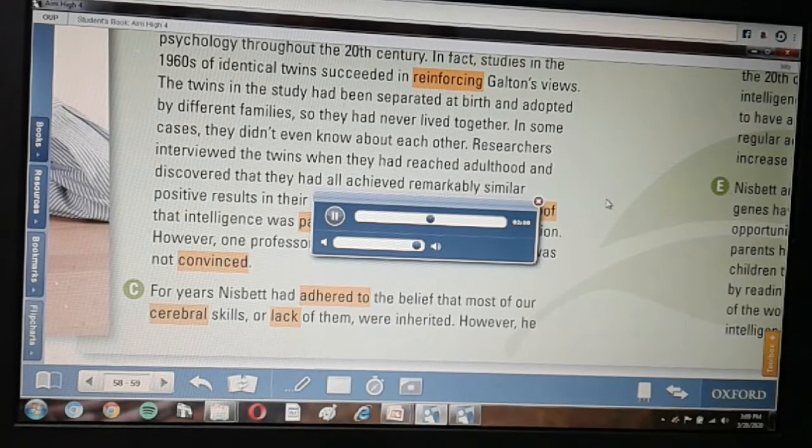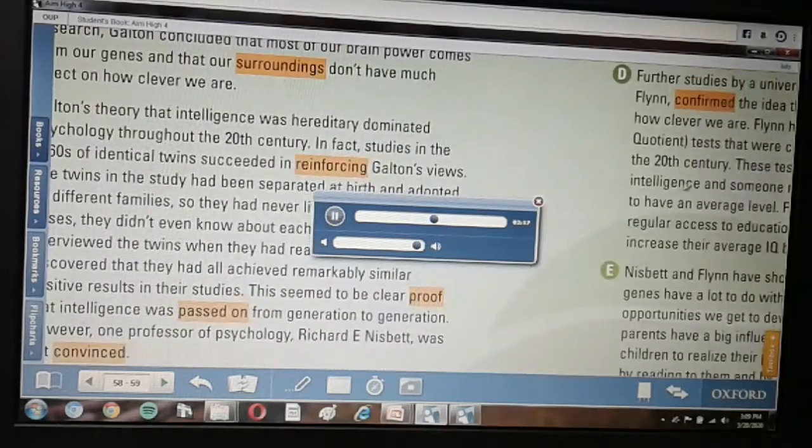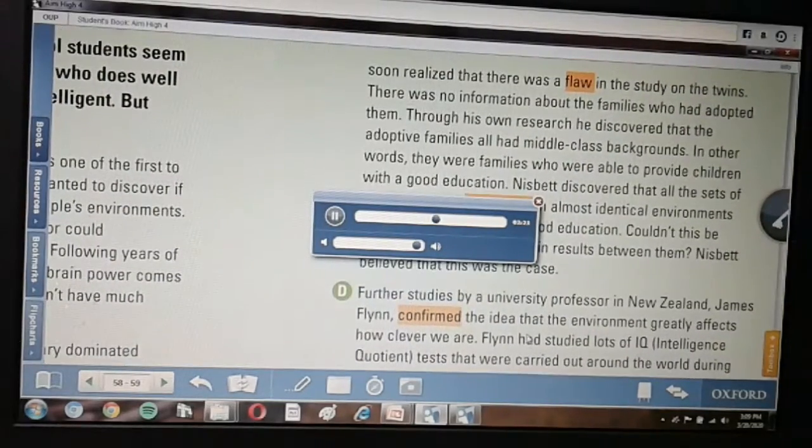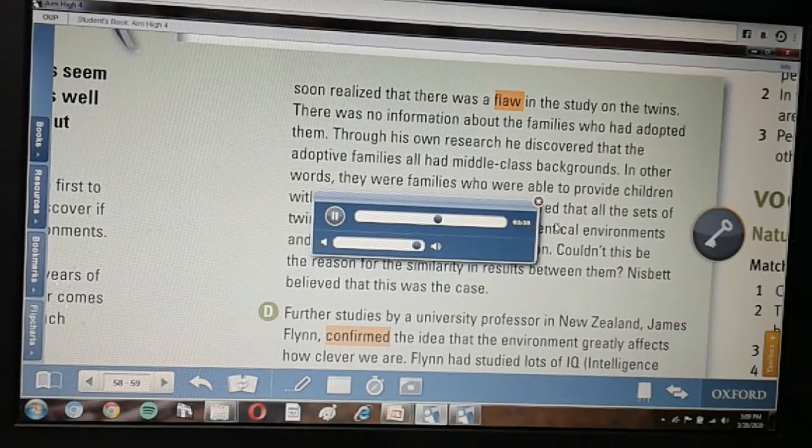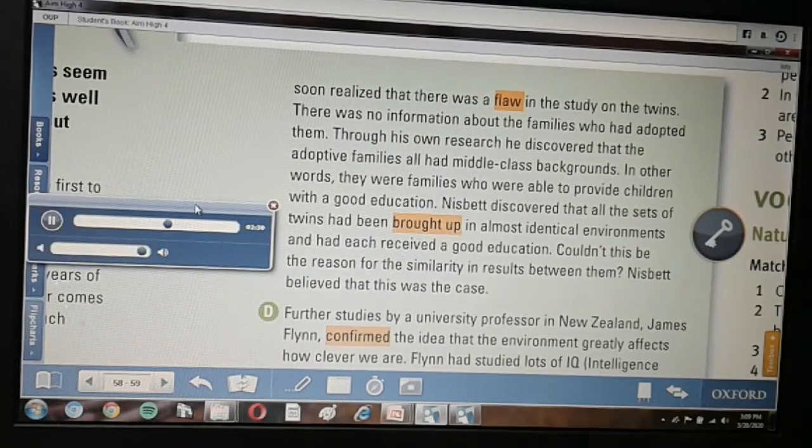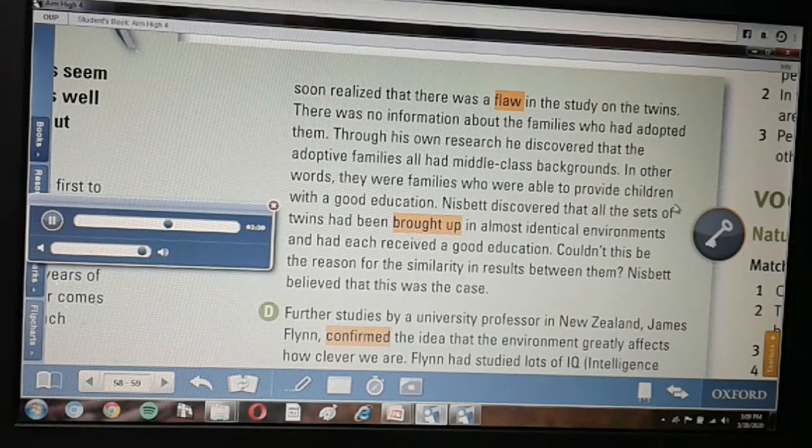For years, Nisbet had adhered to the belief that most of our cerebral skills, or lack of them, were inherited. However, he soon realized that there was a flaw in the study on the twins. There was no information about the families who had adopted them. Through his own research, he discovered that the adoptive families all had middle-class backgrounds. In other words, they were families who were able to provide children with a good education. Nisbet discovered that all the sets of twins had been brought up in almost identical environments and had each received a good education. Couldn't this be the reason for the similarity in results between them? Nisbet believed that this was the case.